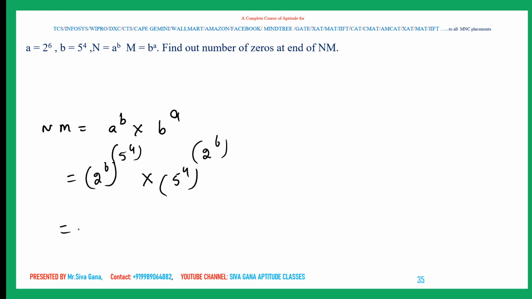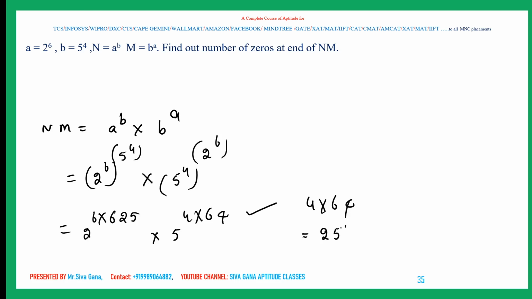2 power 6 into 5 power 4. 25 square, 625. 5 power 4 into 2 power 6, how much? 2 power 5 is 32, into 2 is 64, right? So the 5 powers are less, so the number of trailing zeros is 4 into 64, which is nothing but 256. 256 trailing zeros. 5s are less than 2s.